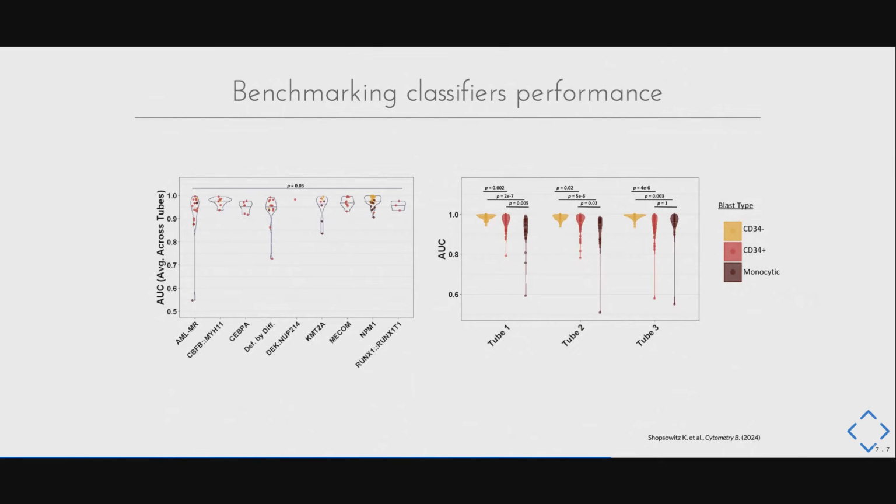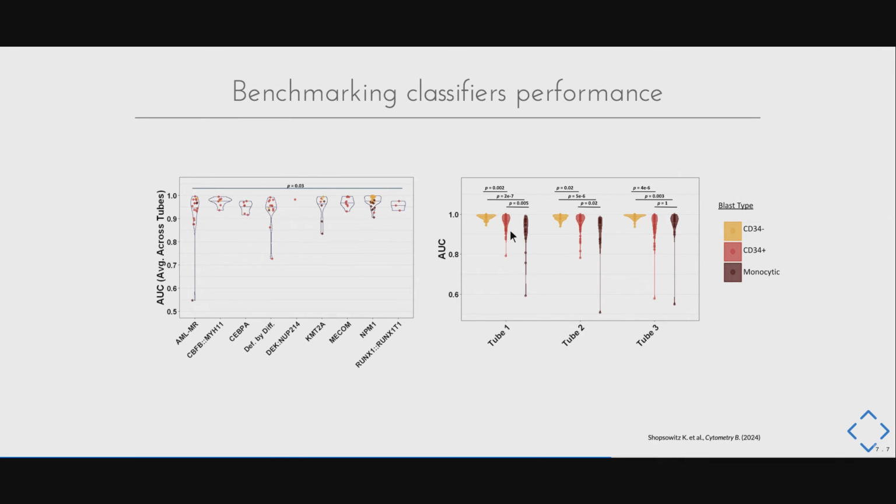We use leave-one-out cross-validation to evaluate the model performance. Here, the y-axis represents the AUC score. The higher the AUC score, the better the model performs. The results show that the performance of our classifier is consistent across WHO subtypes, but varies among the different immunophenotype groups.